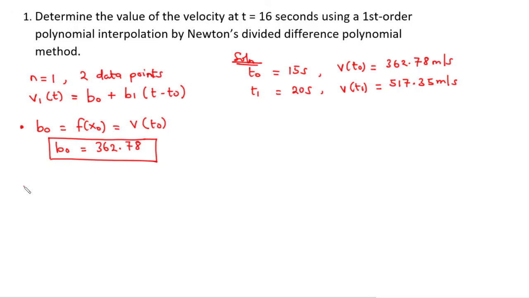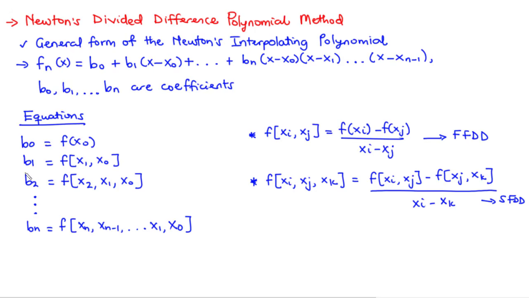Now let's move on to b1. For b1, the second equation, we have b1 equals f of x1, x0 in a square bracket.